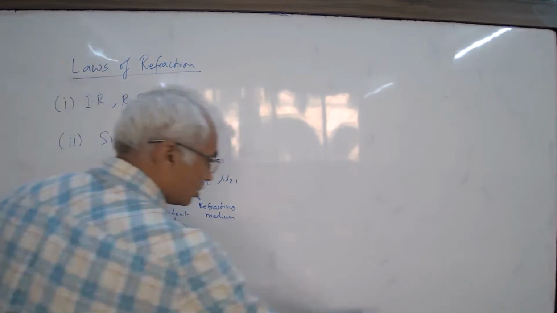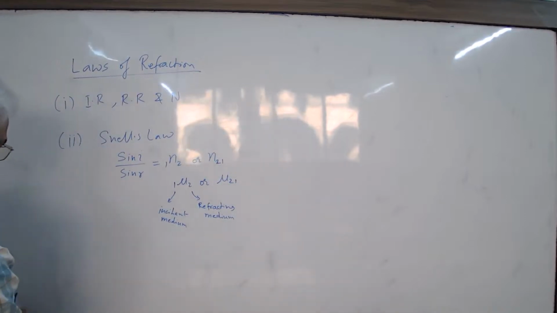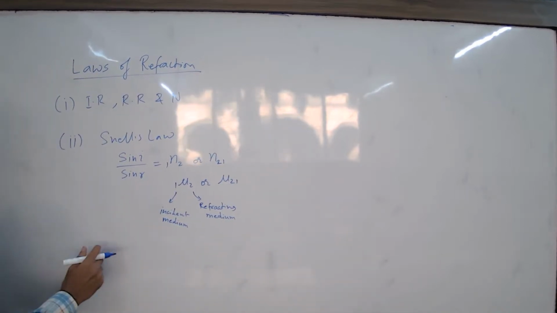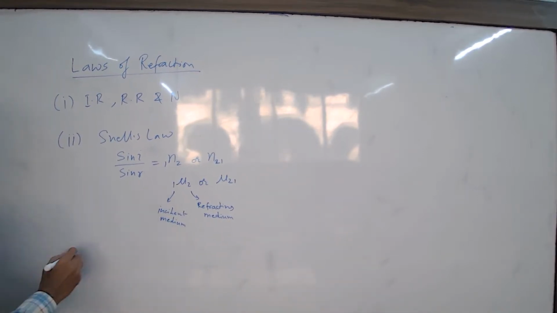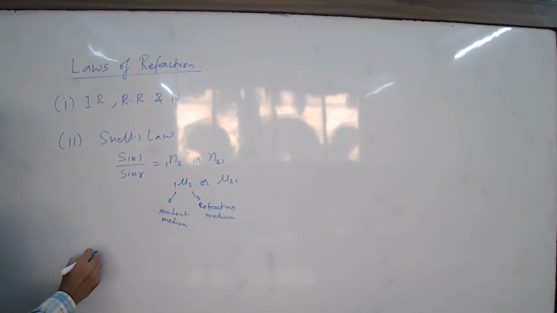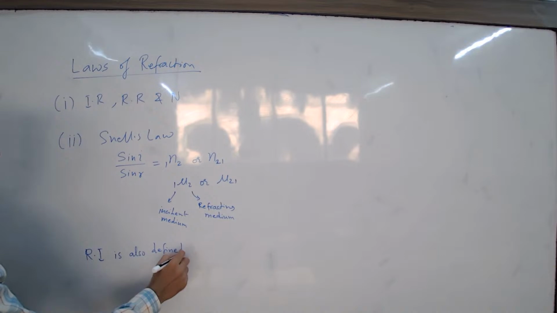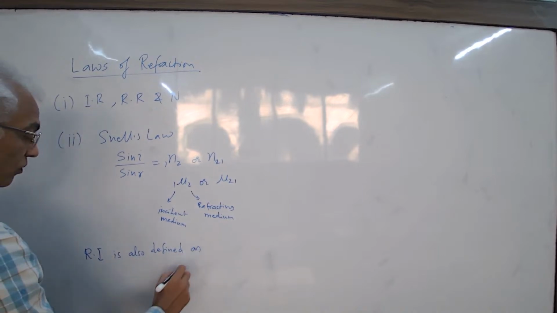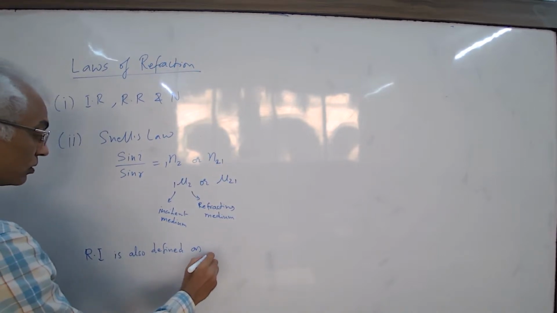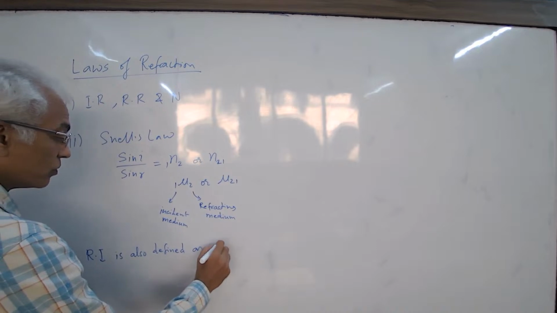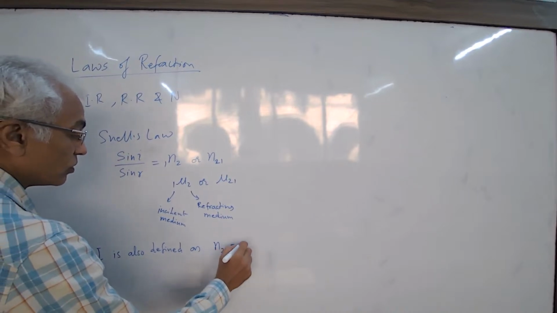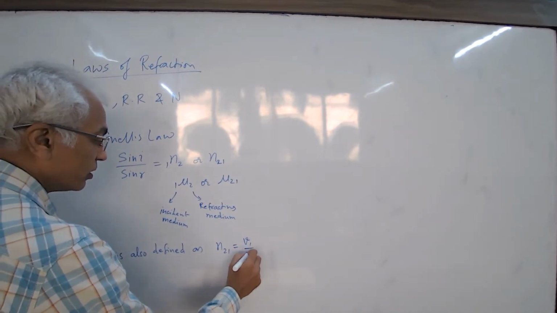There is one more definition for refractive index. n21, refractive index, is also defined as v1 by v2.